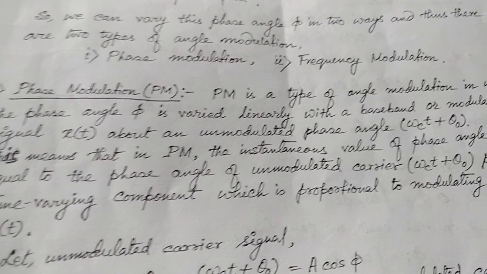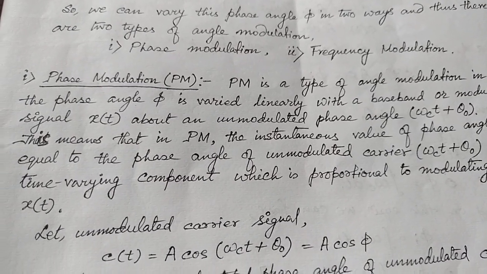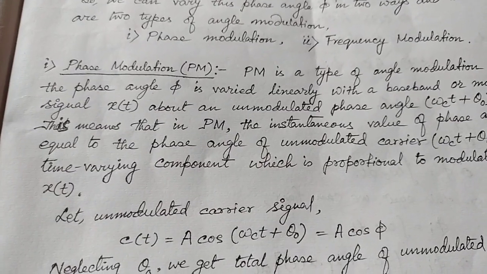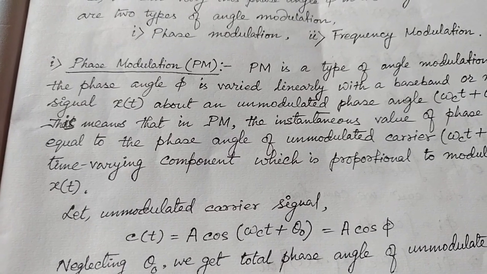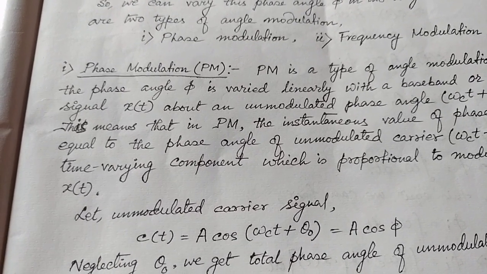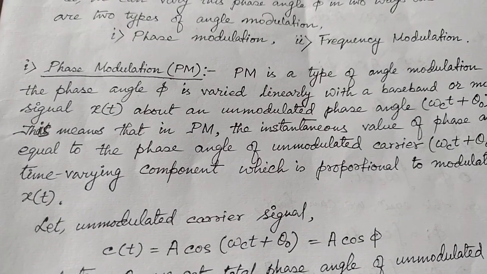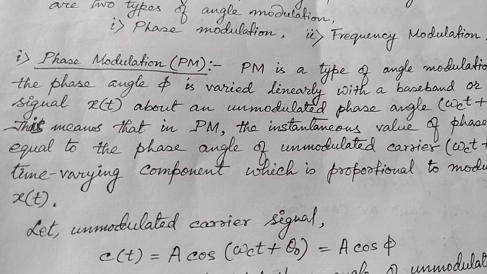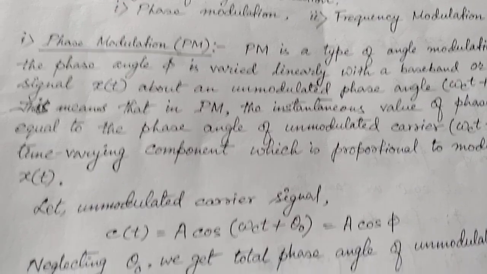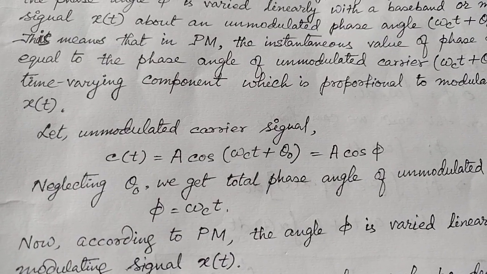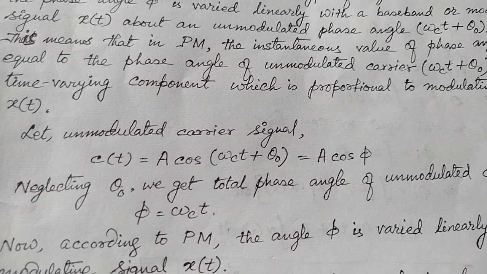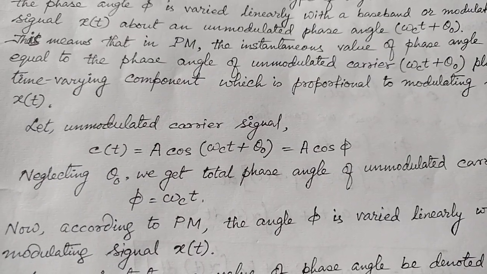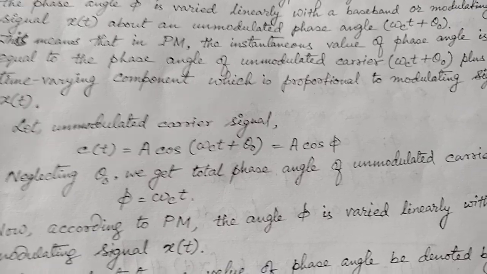Now I am coming to phase modulation. What is phase modulation? It's a type of angle modulation where the phase angle, that is phi, or the phase part theta_0 is modulated, where we keep the amplitude and the frequency of the unmodulated carrier signal constant. So here you can see c(t) equals A cos(omega_c t plus theta_0), which is A cos phi. Now neglecting theta_0, the total phase angle of the unmodulated carrier is phi equals omega_c t.